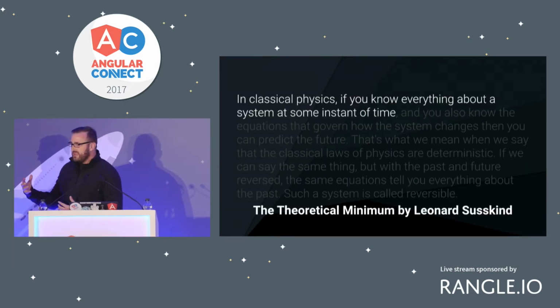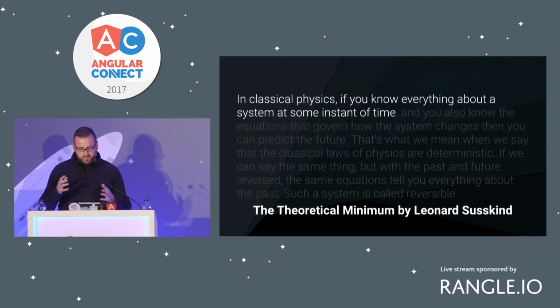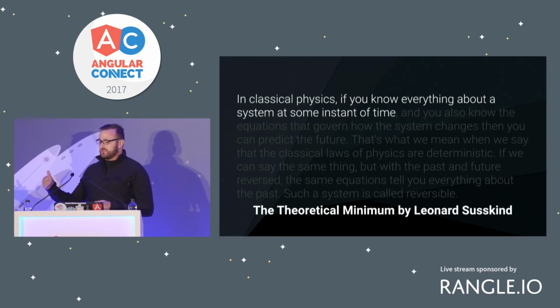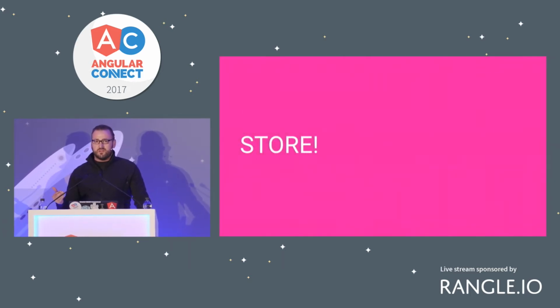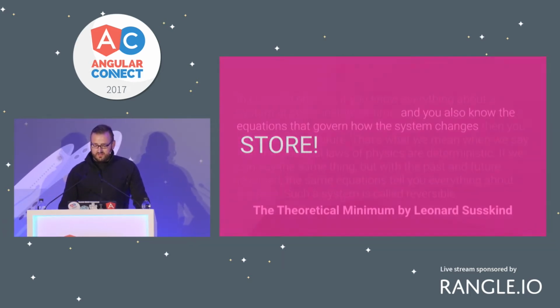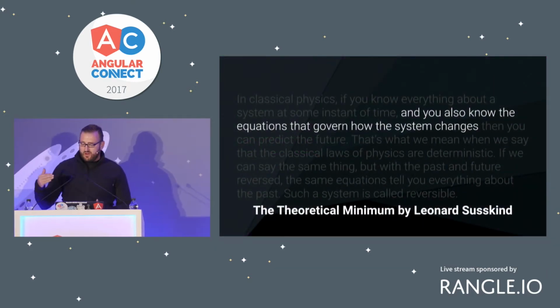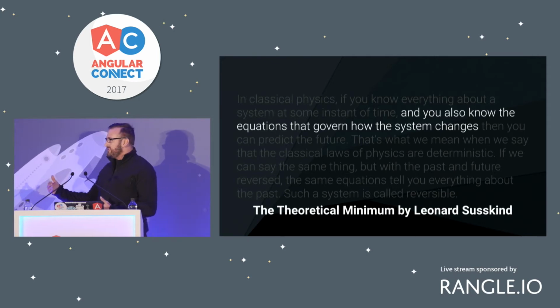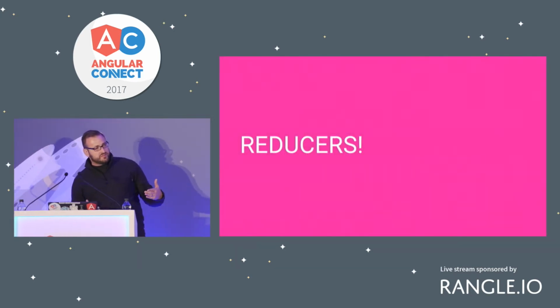If we know everything about a system in time, at any given point of time, that's our single source of truth. This is also known as store. Carrying this along, where are the equations that govern how our application changes? Well, in this case, this is reducers.